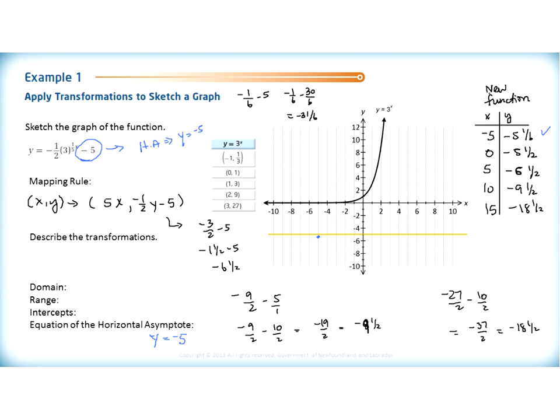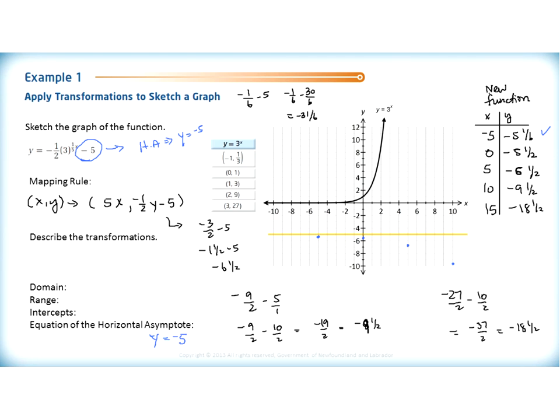X is 0, y is negative 5 and a half. That's about right there. I've got 5 and negative 6 and a half, which is approximately here. And I've got 10 and negative 9 and a half. That's right there. You should be able to see the shape of my function now.